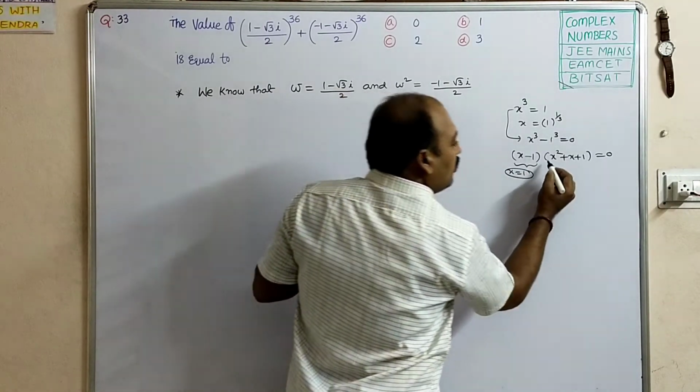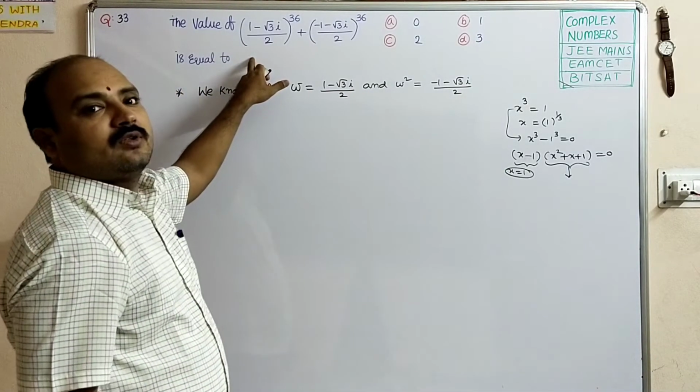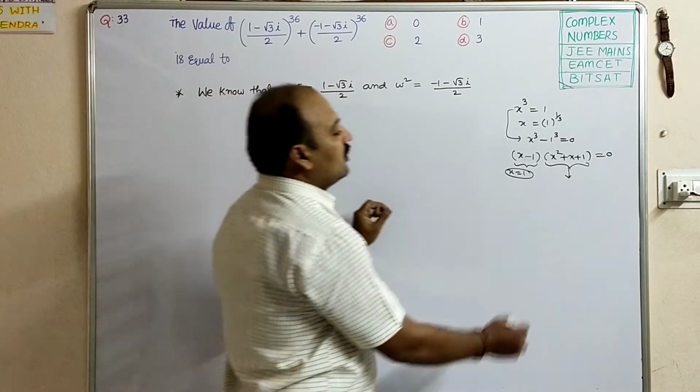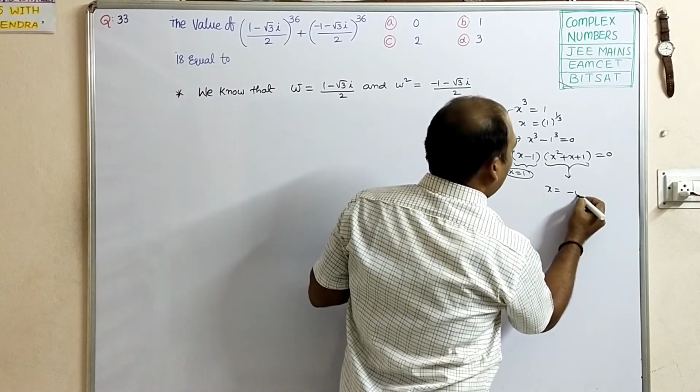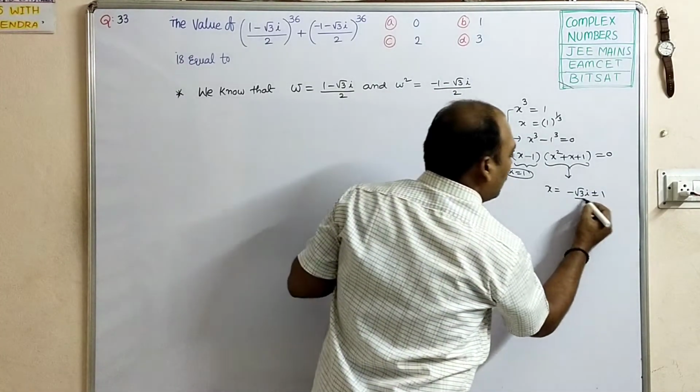We got it. If you simplify this one, you will get x equal to minus 1 plus or minus root 3i by 2 will come.